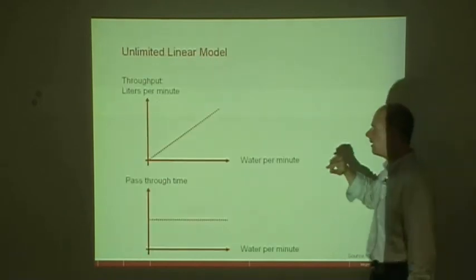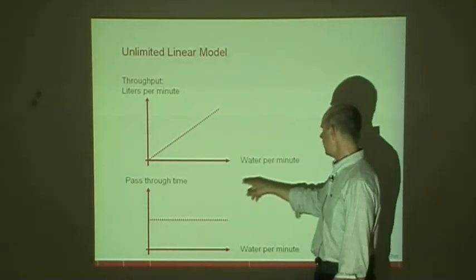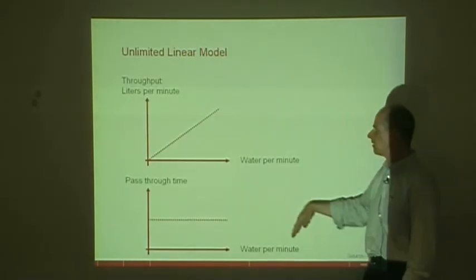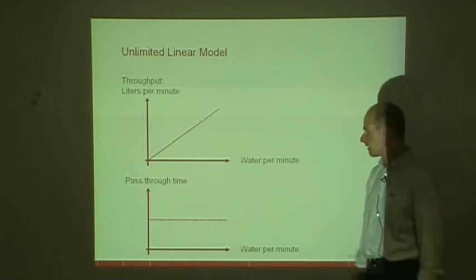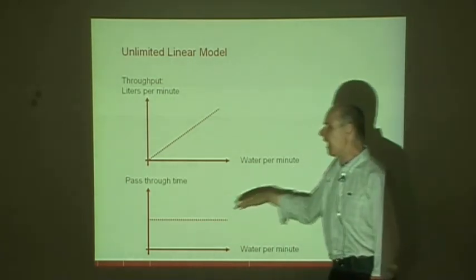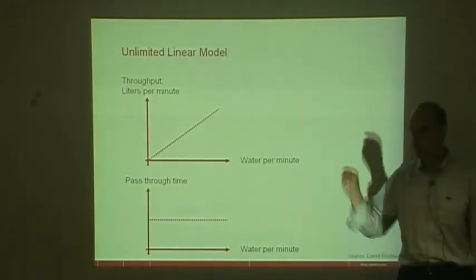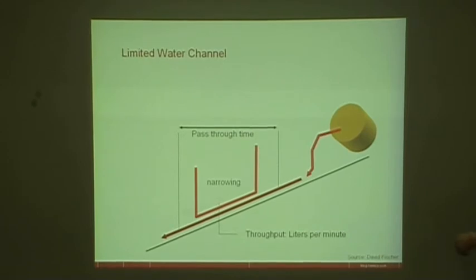So if you look at the plots like the ones I've shown you, the throughput, when you pour more water, there's more throughput because there is no limitation. So this is a scalability curve you'll never get, obviously. The pass-through time, so how long the water takes to go through, is also linear. So it doesn't matter if you have a centiliter per minute or 100.